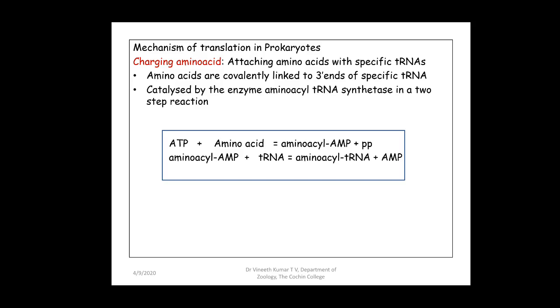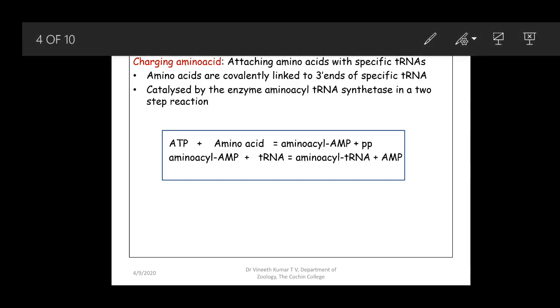Charging of amino acid: as we saw in the picture of tRNA, you have a tRNA like this, clover leaf shaped in the 3-dimensional structure. Because it is an RNA, it will have a 3' as well as a 5' end, and the attachment of a specific amino acid.